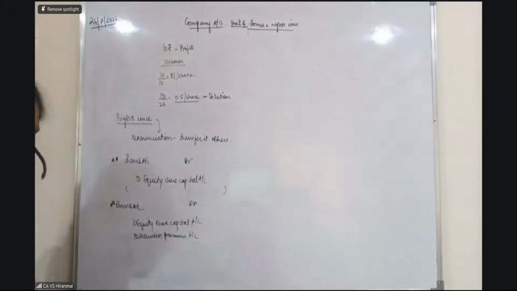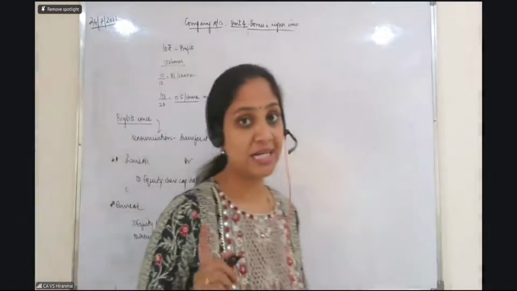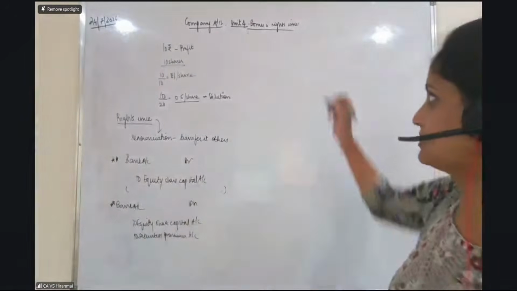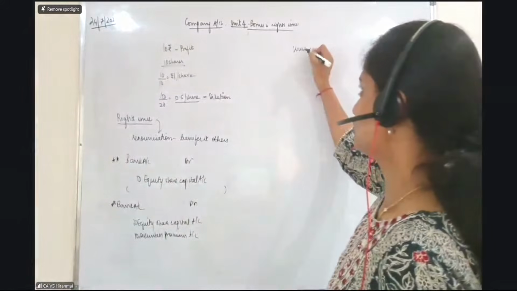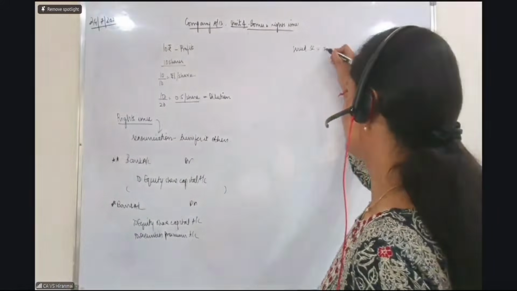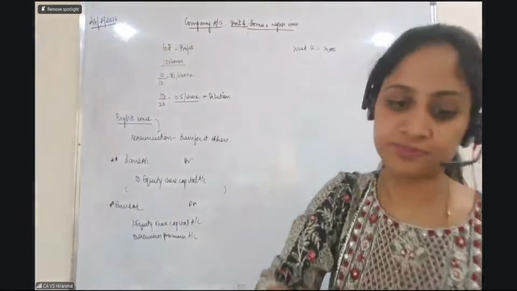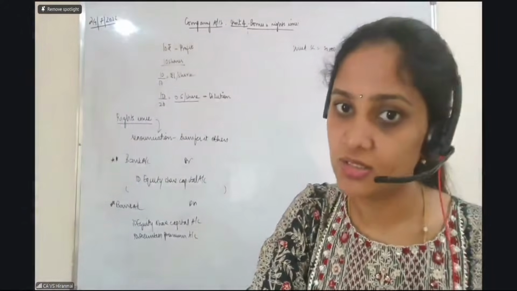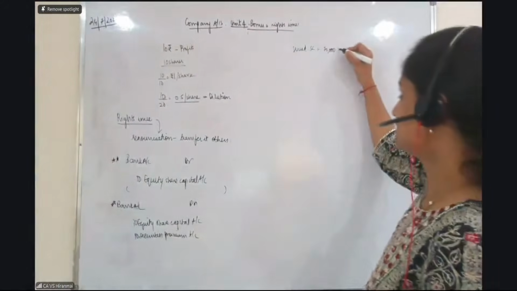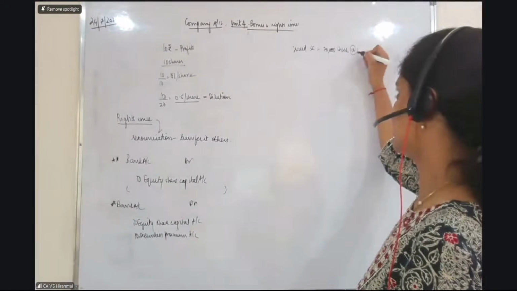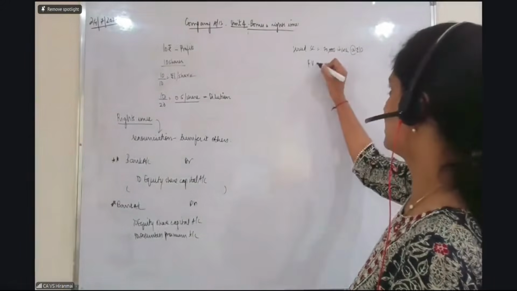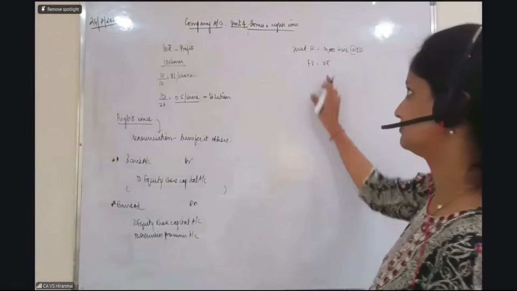What and all is there? First, I will write what is there. That is very important for you to understand a question. First, issued share capital: you have 70,000 shares at 10 rupees. So the face value is 10 rupees.